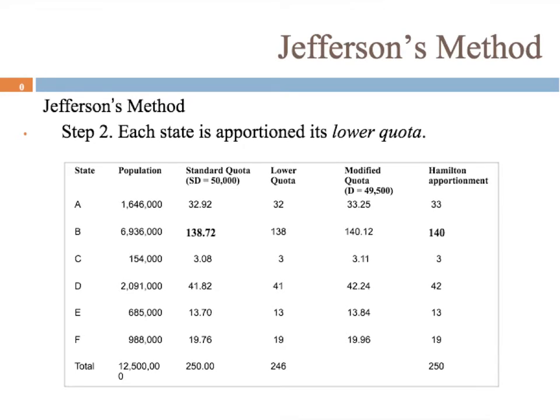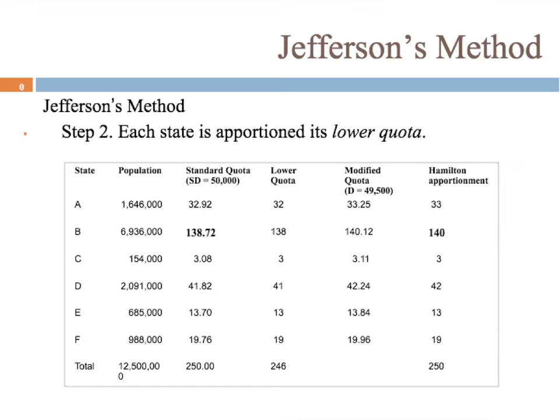Step 2: each state is apportioned its lower quota. In this example, it's kind of done for you, and after this I'm going to show you an example where we choose a divisor that doesn't work, and when that happens, you just choose another one and another one until you get it right.